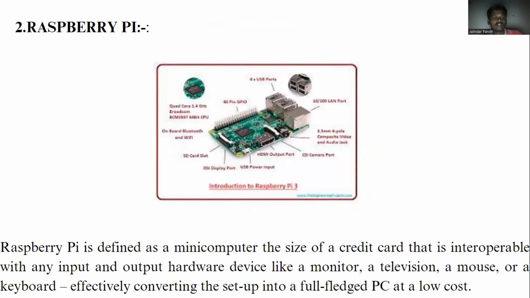Raspberry Pi is defined as a microcomputer, the size of a credit card, that connects to input and output hardware devices such as a monitor, television, mouse and keyboard, effectively turning the setup into a full PC at low cost. Raspberry Pi is a programmable device.